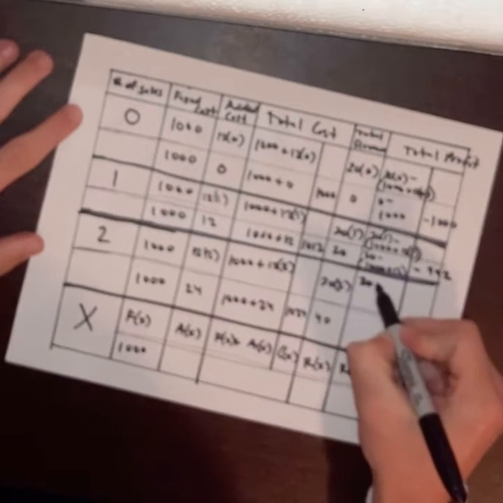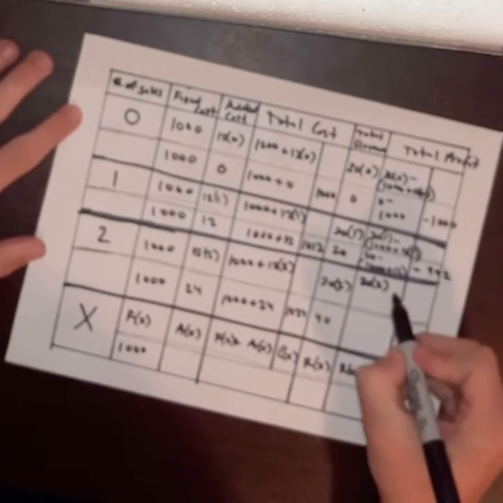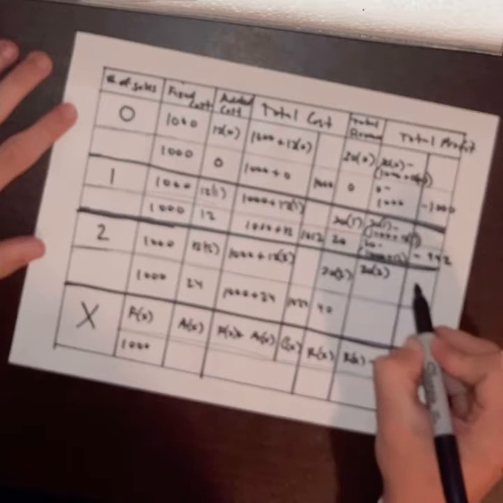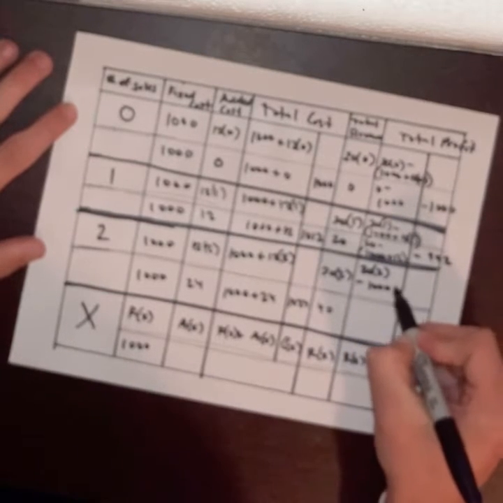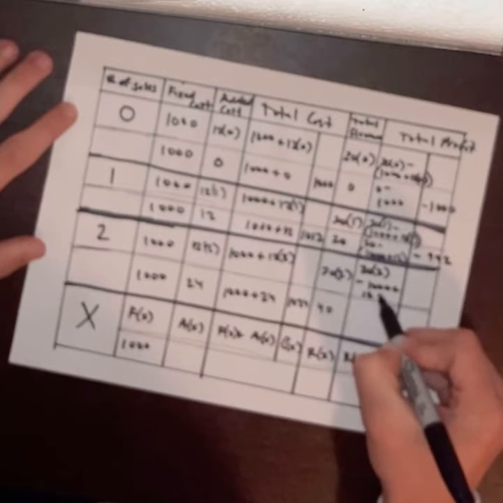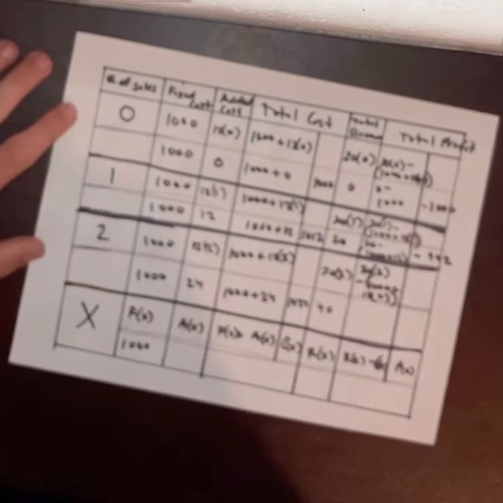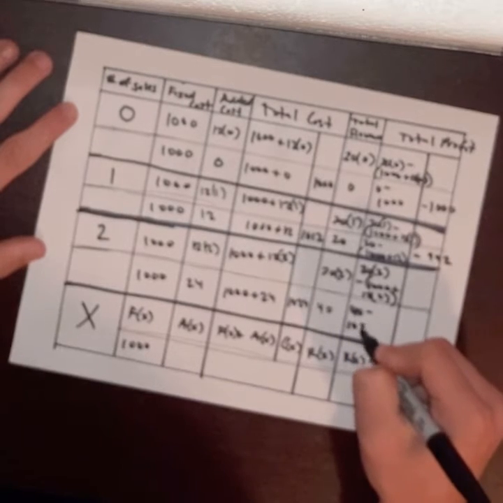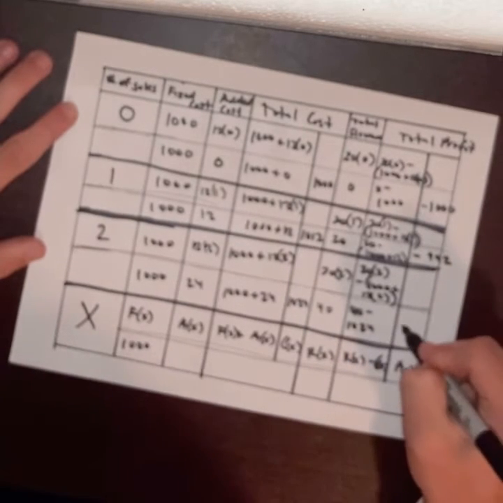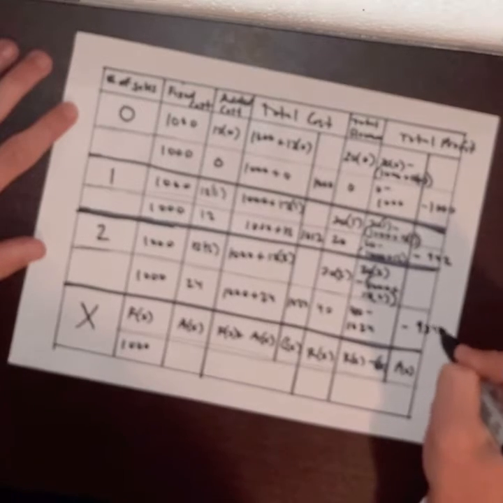This one is going to be 20 times 2 minus 1,000 plus 12 times 2, and that's all in parentheses. That's going to be 40 minus 1,024 after you simplify. That's going to be negative 984.